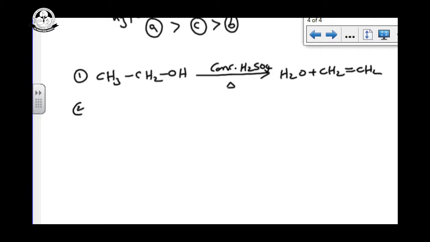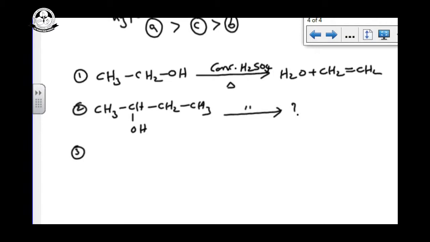Second example: CH3, CH, OH, CH2, CH3. The same reasoning is used. What is the answer here? Third one: CH3, CH2, CH2, OH.